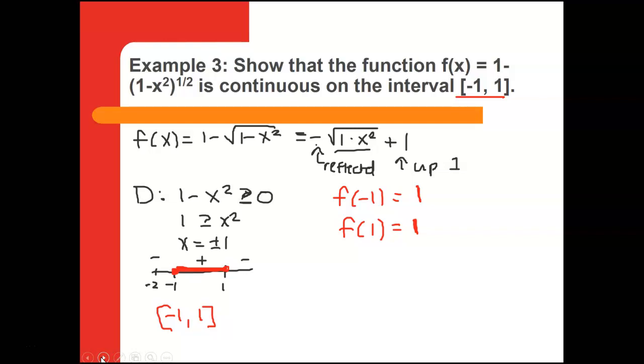If you're talking about continuity on an interval, it only needs to be left and right hand continuous inside that interval. So I need to look at the limit as x approaches -1 from the right, because that's inside. And I need to look at the limit as x approaches +1 from the left.